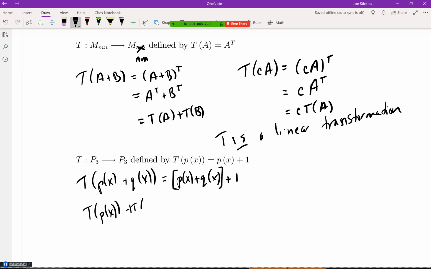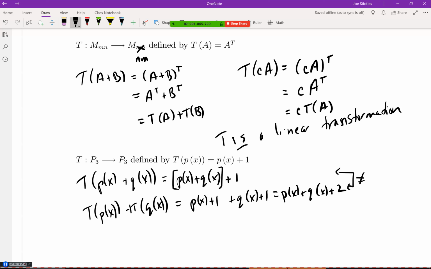If we apply the transformation individually, however, we would have p of x plus 1 plus q of x plus 1. And these two certainly are not the same thing. So these are not equal in this case. So this is not a linear transformation.